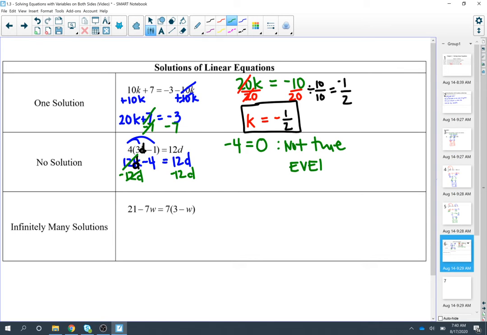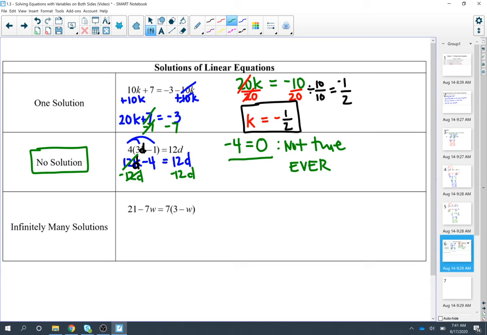Negative 4 never equals 0. So if you get a statement while you're solving of negative 4 equals 0 or 5 equals 10 or something where you go, no, that's not right, you have no solution. There is no number that we can substitute back into this that would make this statement true.